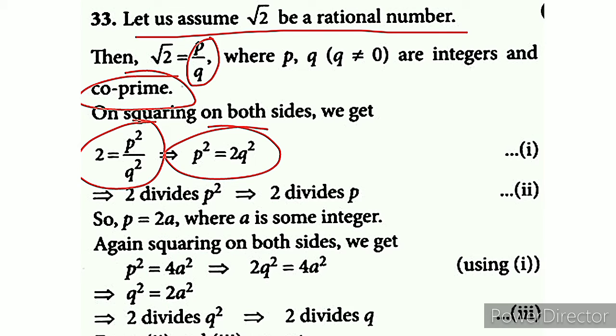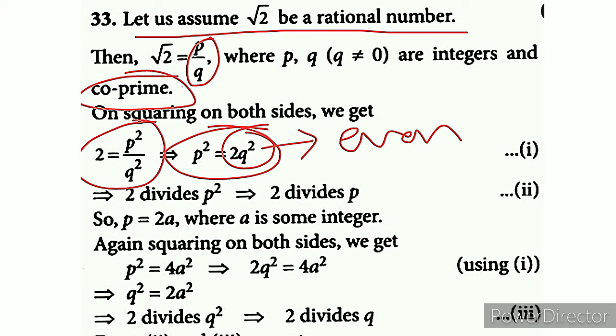Then this term 2q square must be an even number. Since 2 is multiplied with the integer q square, p square is an even number. It means that p must also be an even number, because the square of only even numbers is even.